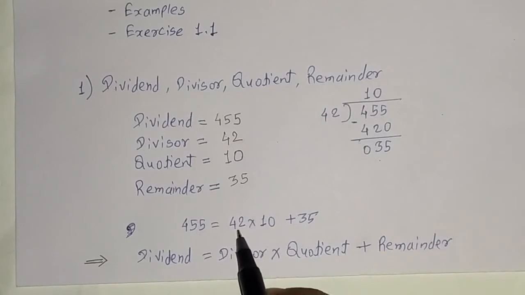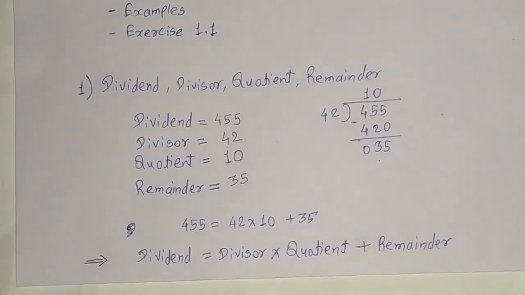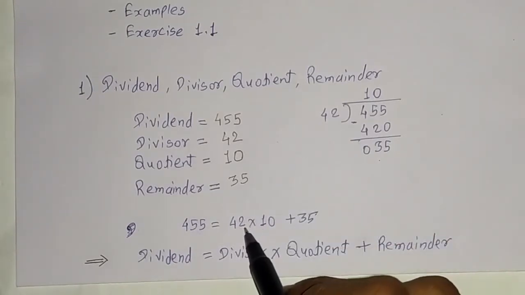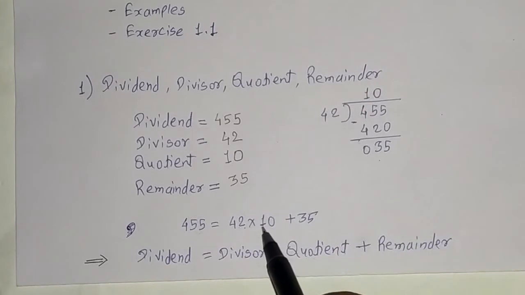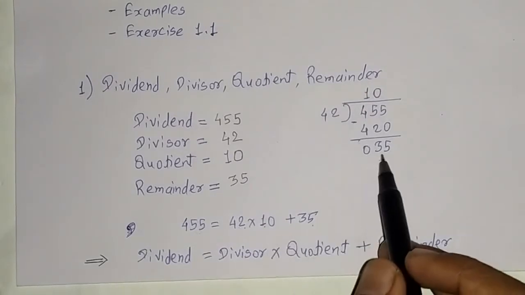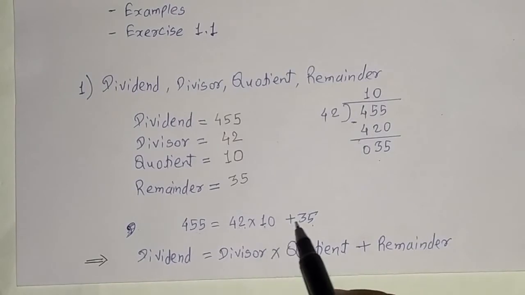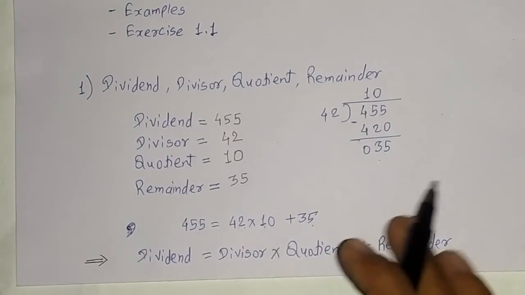What is the divisor here? 42, the number by which we divide. Quotient will be 10 and remainder is 35. So 455 equal to 42 into 10 plus 35. This is the generalized formula. You have to remember this one.